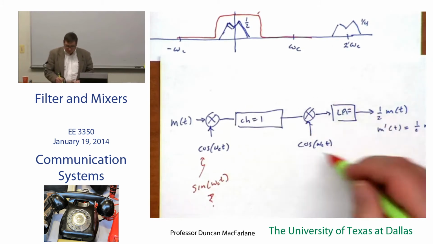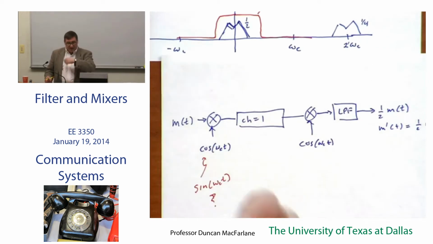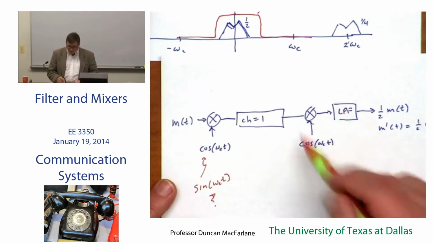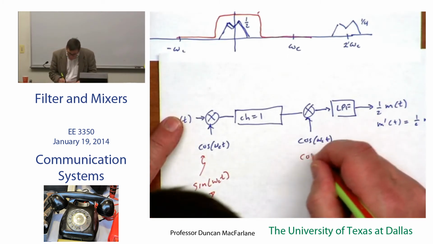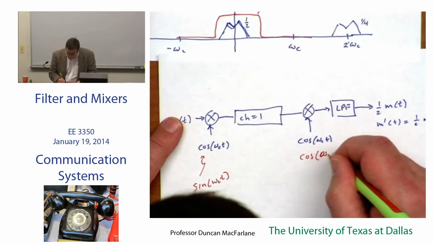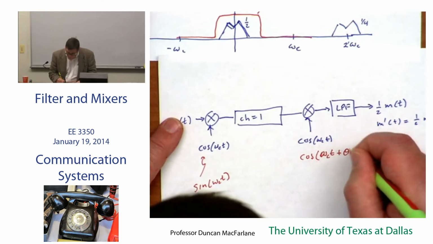So this here is where things can get a little dicey. So what are the things that can go wrong on this receiver side? Be out of phase. Yep. Cosine of omega c t plus some phase angle, theta.